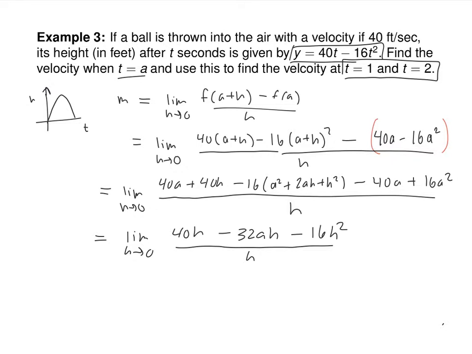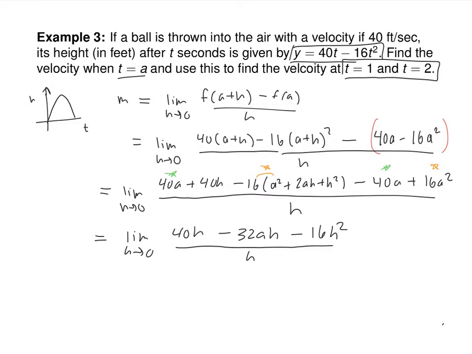over h. You have to see if you agree with that, because I make mistakes, but I think that's everything. I'll draw little dots above what canceled. This term and this term canceled, right? And once you distribute, this term will cancel that term. Don't forget that the negative also goes to the 2ah and the h squared.